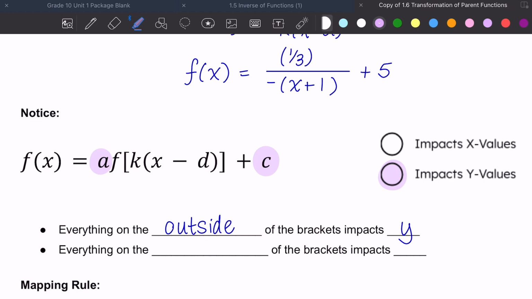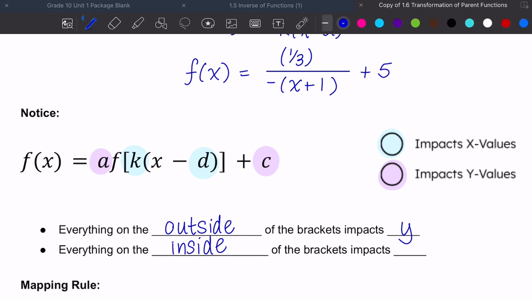The vertical compressions and stretches, as well as the shifts up and down, are going to change your Y coordinates when you're moving a function. Because think about it, stretching or compressing a function will move your Y values up or down, and shifting up and down also changes your Y values. Whereas you can assume everything on the inside, your K and your D stuff, is going to impact your X value.